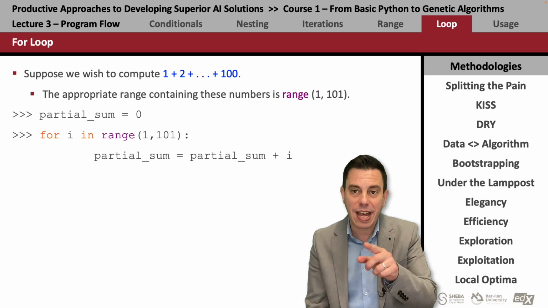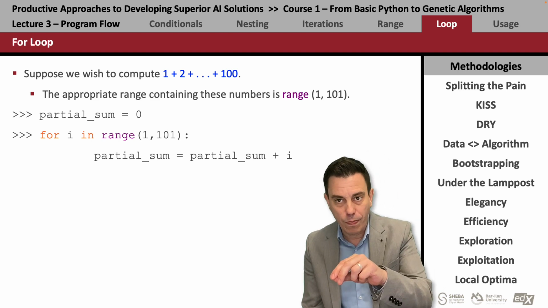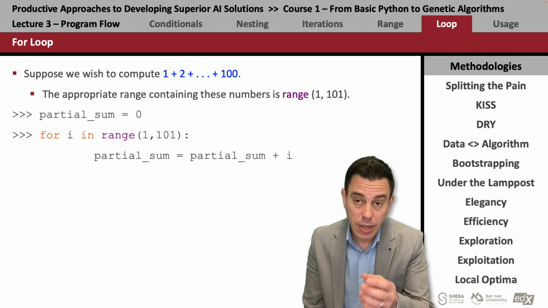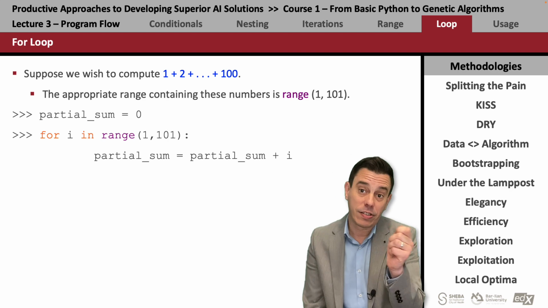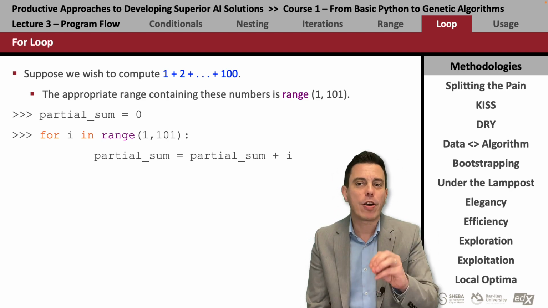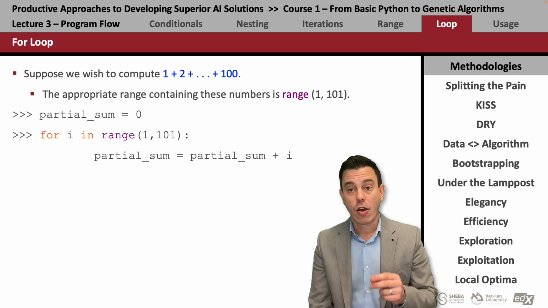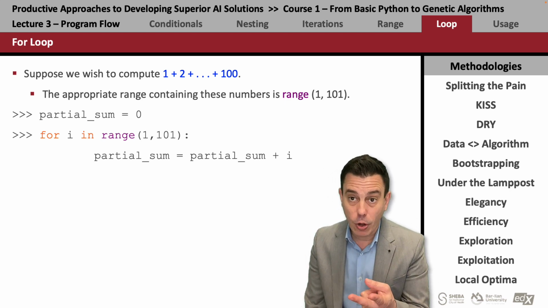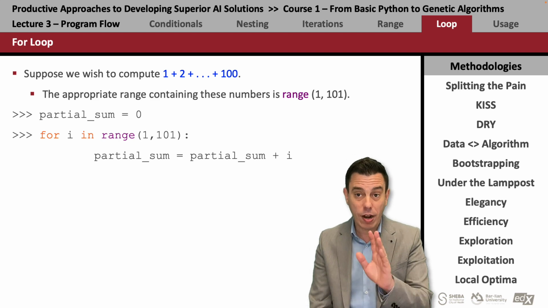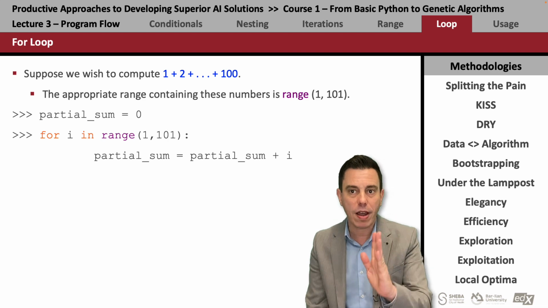Partial sum plus I now is 1 plus 2, which is 3, and 3 enters the variable on the left, which is partial sum, and now partial sum equals 3. And this is indeed the result of the second step of the iterative process. We are at the end of the second step, so we just completed 1 plus 2.